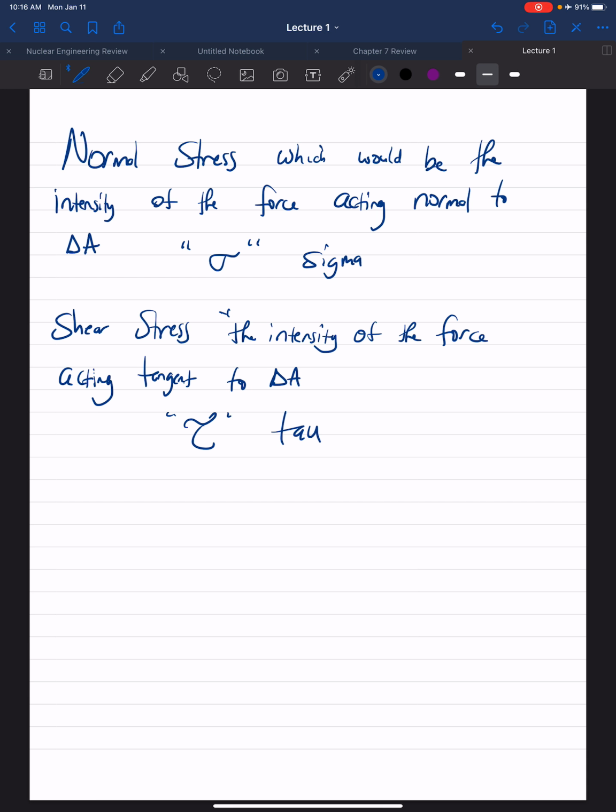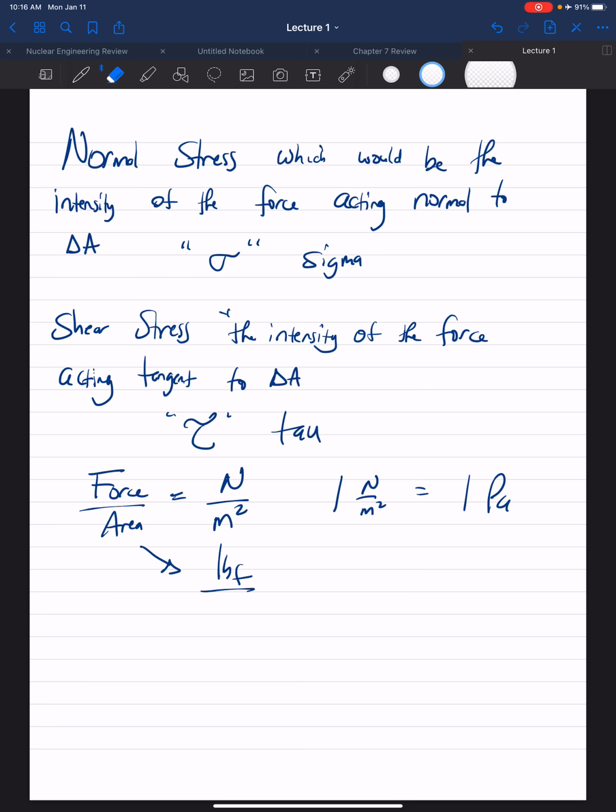Units of stress are force over area. So in SI units, standard is newtons per meter squared, and 1 newton per meter squared is equal to 1 pascal. In US units, we express once again force per unit area, so pound force per inch squared, which we know is PSI, pounds per square inch.